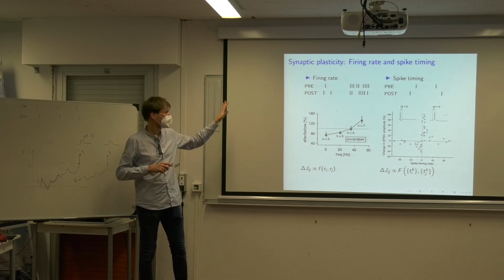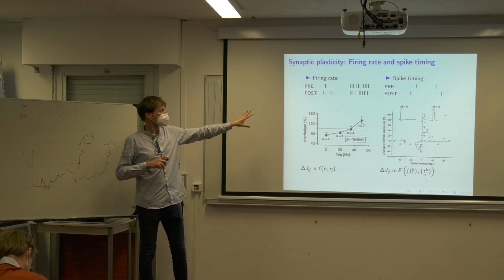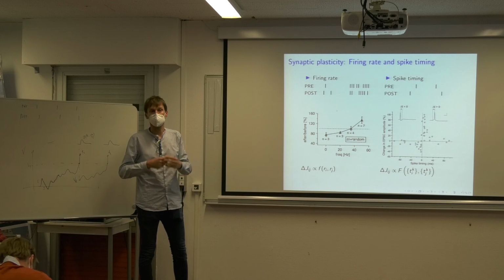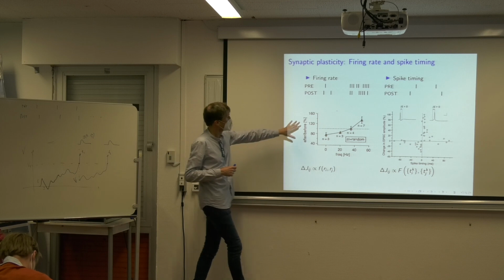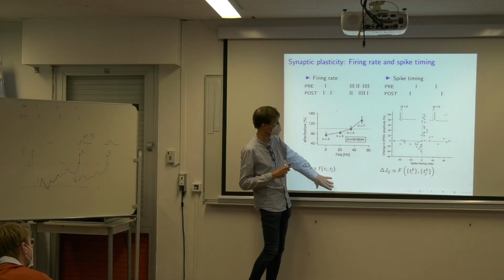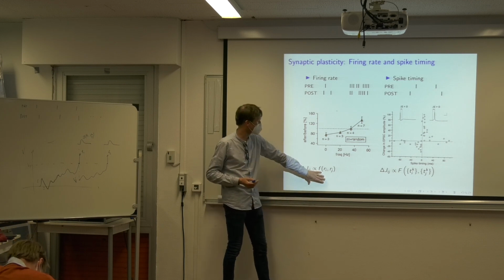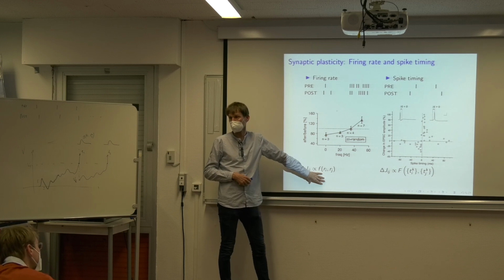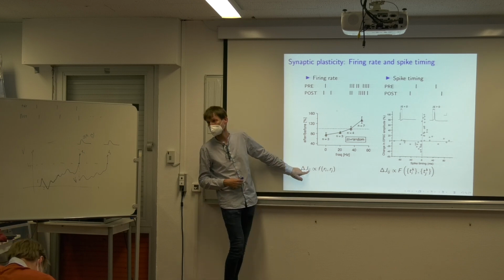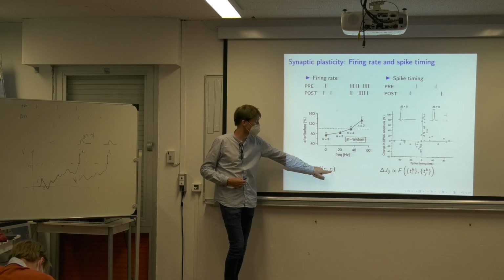And a lot of people have tried to describe this data quantitatively using various types of models, which I don't have time to explain. But I just want to emphasize that this has given rise to two different trends in the theoretical literature. On one side, you have the firing rate-based models where the change of synaptic strength depends only on the firing rates of post-synaptic neurons and pre-synaptic neurons.